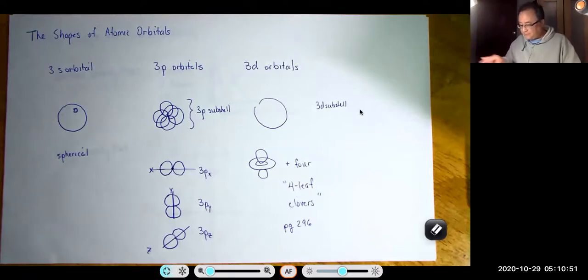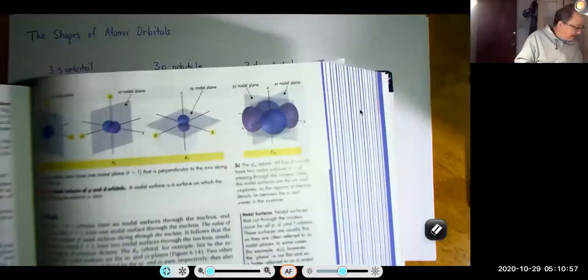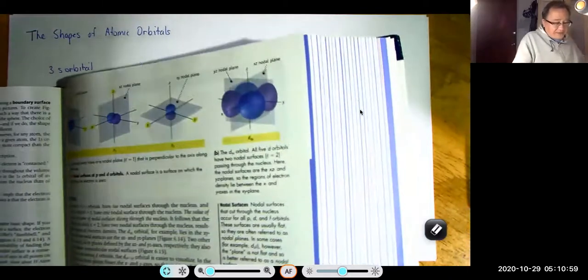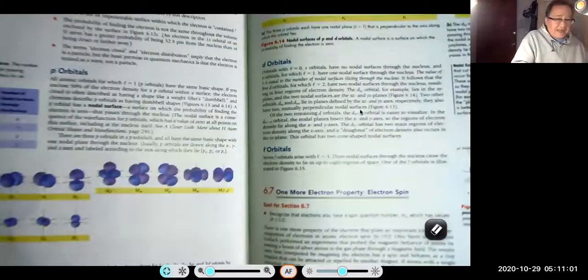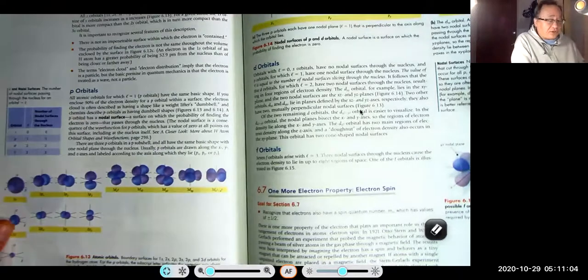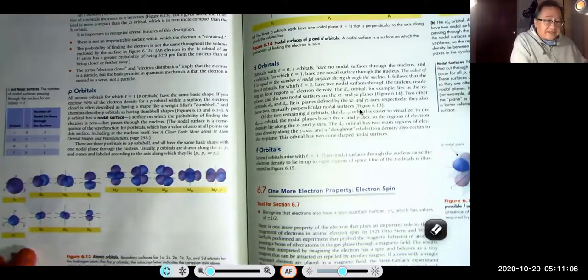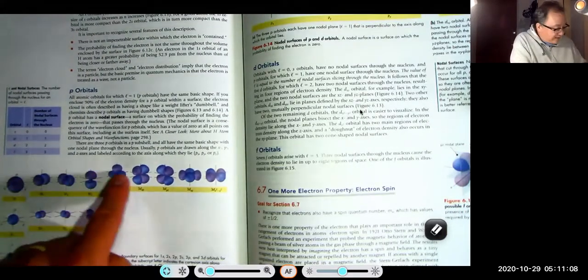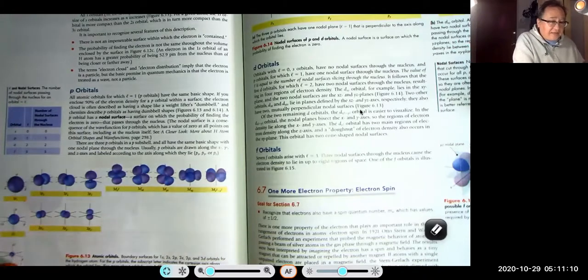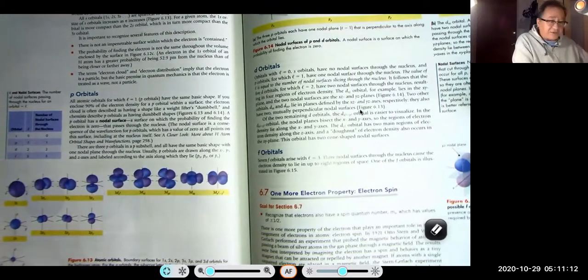So here is a diagram that shows the 3p orbitals. So here, if we look at this line across here, first of all, let's look at these right here.